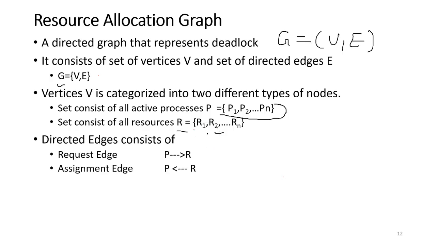Then directed edges consist of two kinds of edges. First one is the request edge, that is from process to resource R, and another is the assignment edge, that is from resource to process.